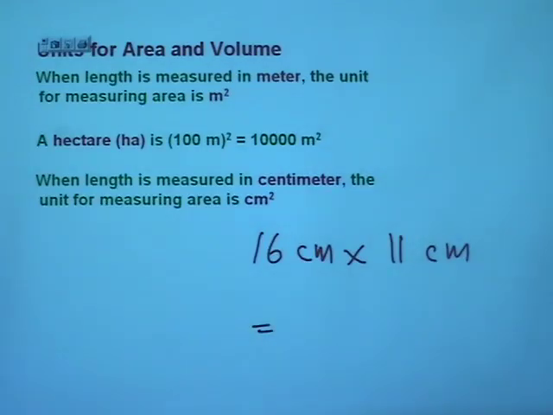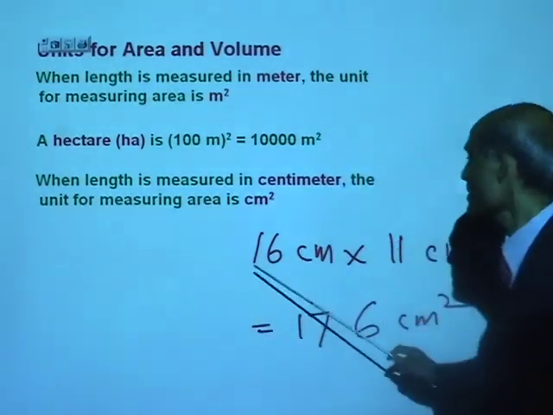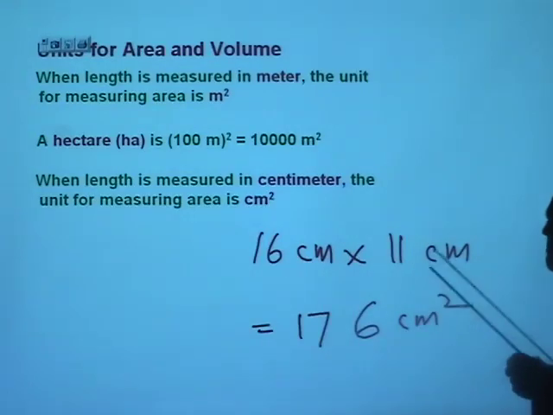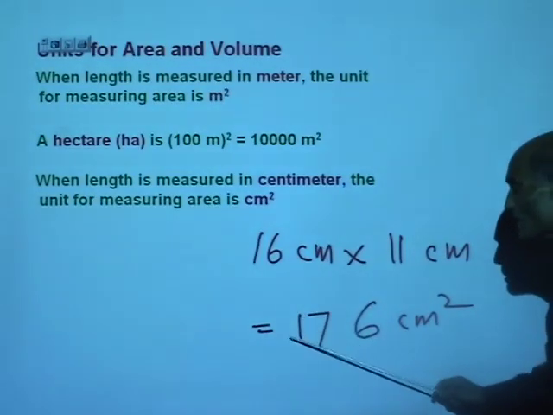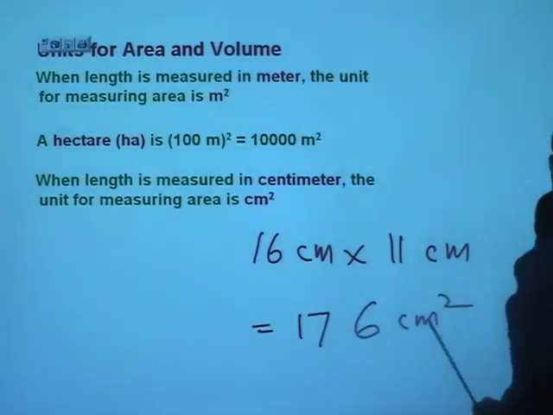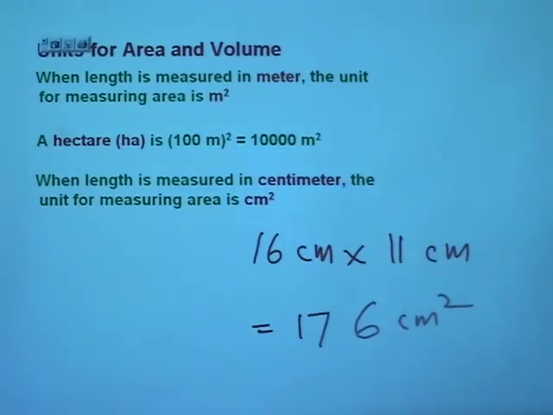What's that equal to? It is 176 centimeters squared, the area of that paper. You see, length in centimeter multiplied by length in centimeter, you get centimeter squared. That's right. Okay, let's move on.